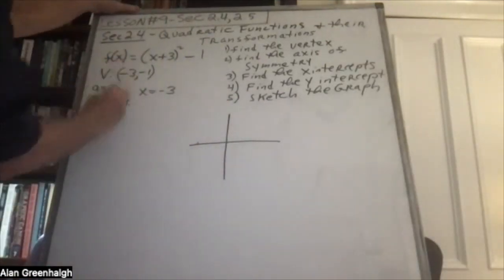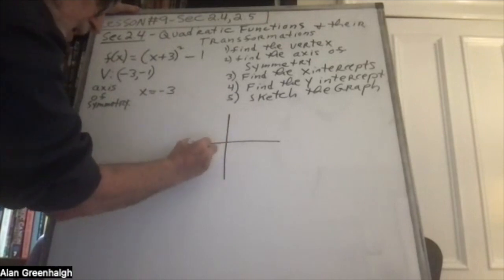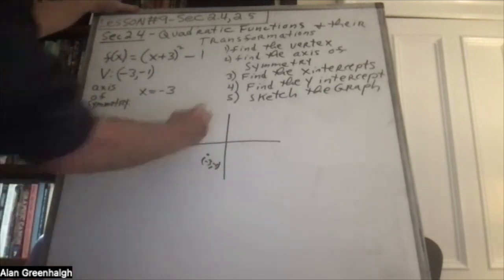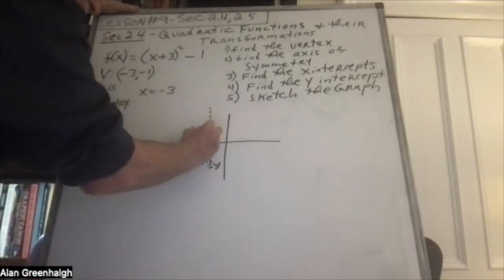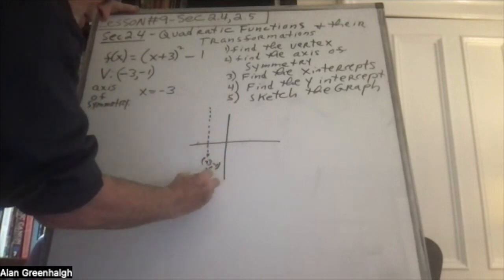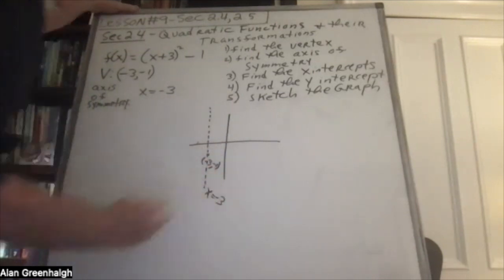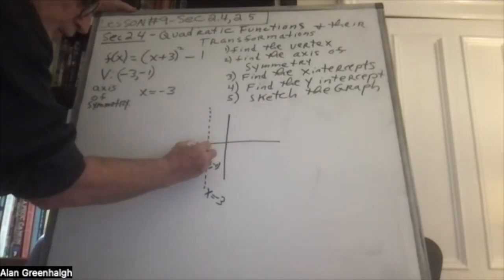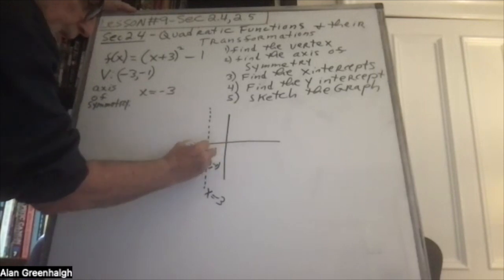Now the vertex is (-3, -1). Here it is, right down here, and the axis of symmetry is x equals -3. Okay, so we know that the graph will have a vertex here, and will start to go up like that.